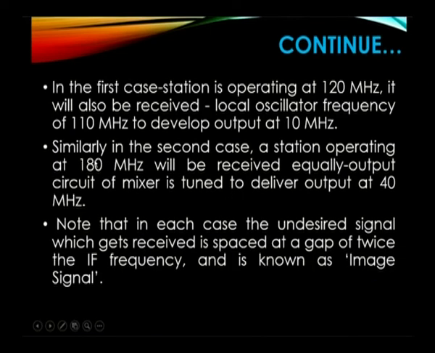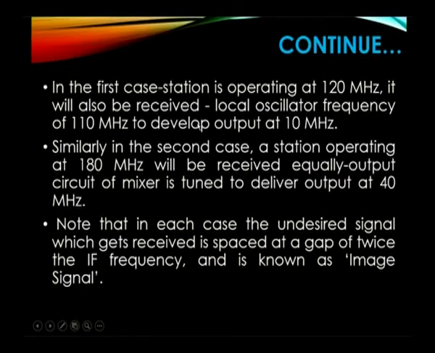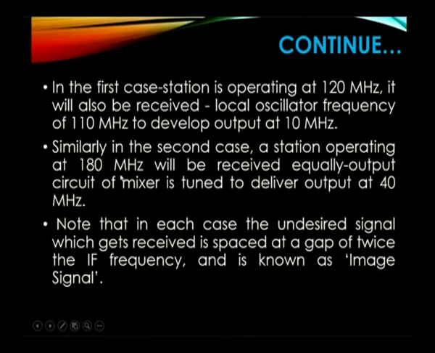In this example we also consider another case, that is if a station is operating at 120 megahertz, it will also be received, and the local oscillator will have the same frequency of 110 megahertz, and the mixer output will be 10 megahertz, no change in anything. Similarly, in the second case, if the station is operating at 180 megahertz, it will be received equally, but the output circuit of the mixer is tuned to deliver output at 40 megahertz.